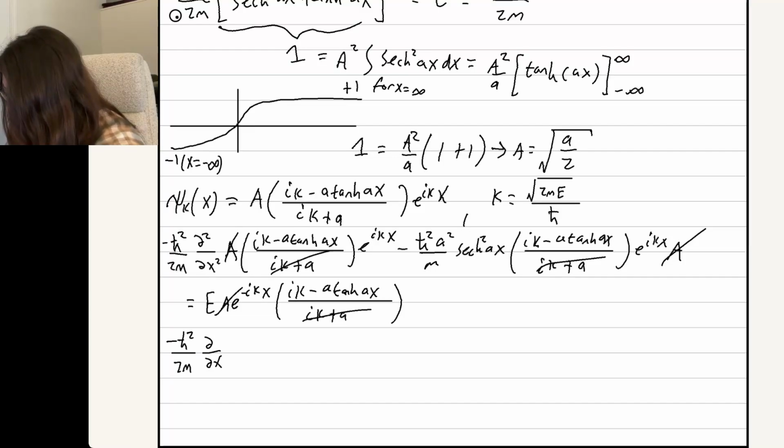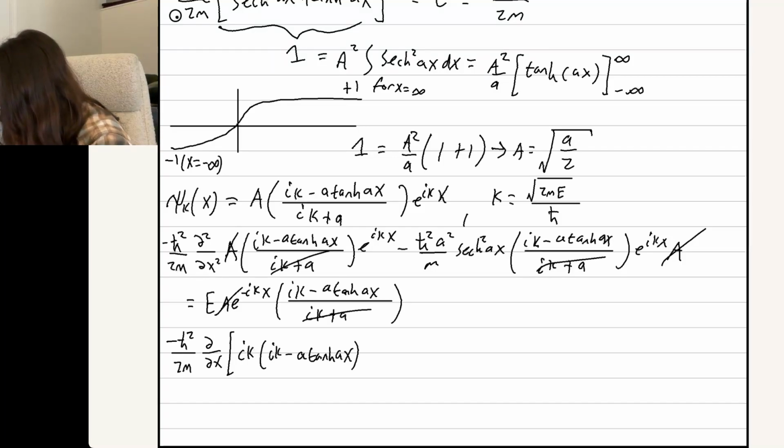So you're going to have a term which is just ik times (ik minus a tanh ax) from the derivative of the exponent. And then you're also going to have a term which is the derivative of the stuff inside those parentheses, which is going to be minus a squared sech squared ax.